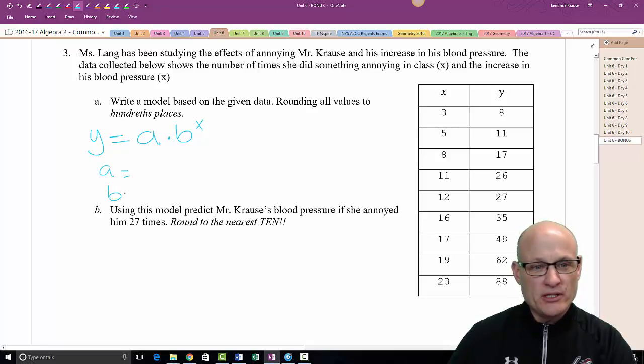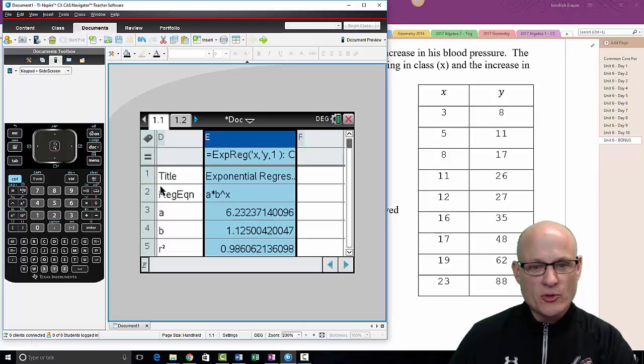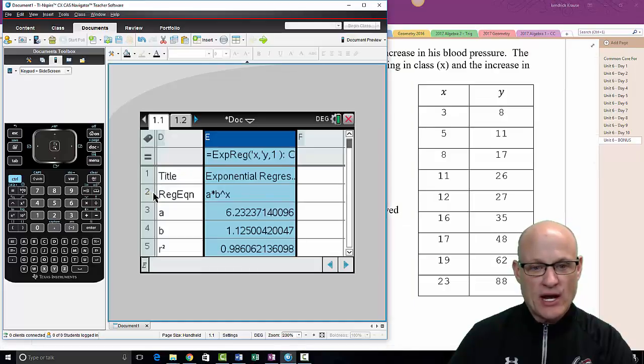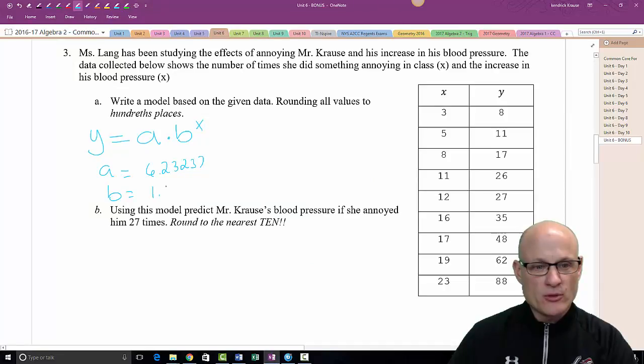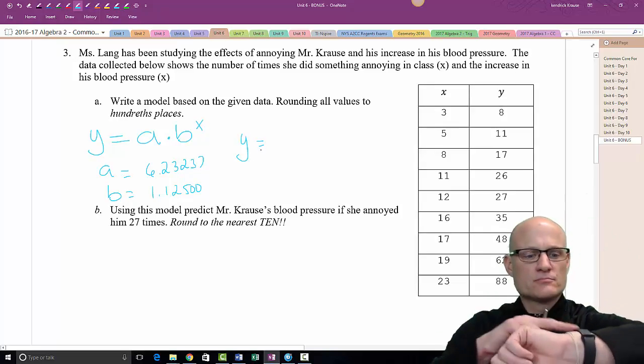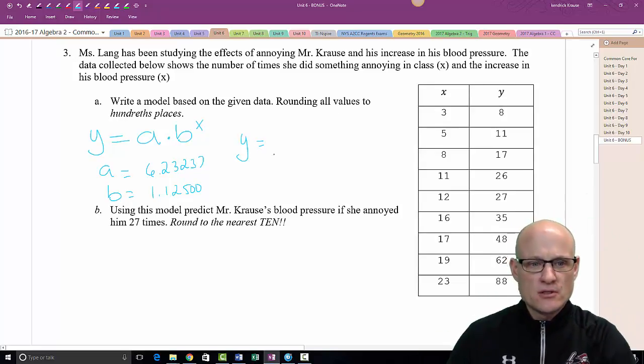A equals 6.23237. I know that's well past what I need to round to. B equals 1.12500. All right, so y equals 6.23 times 1.13 to the x. So there's my model.